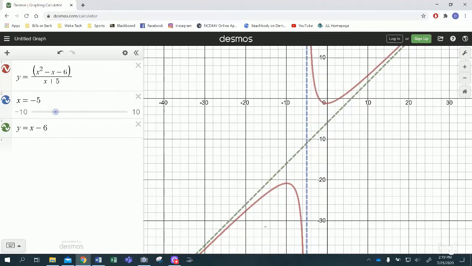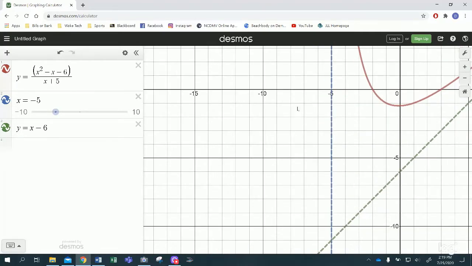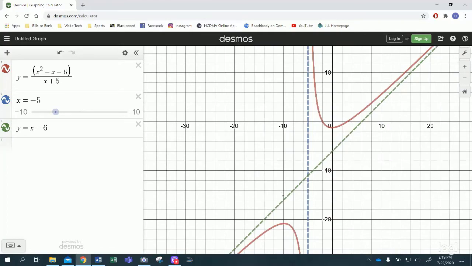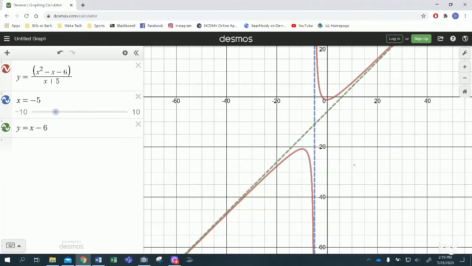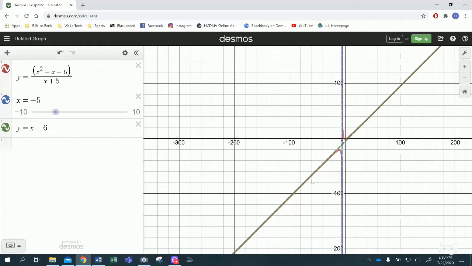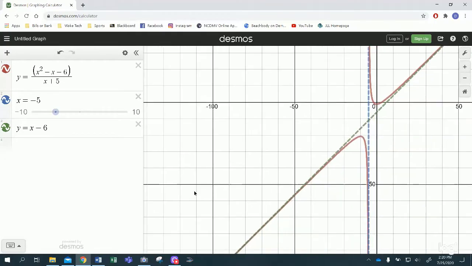There is another branch down here, and you could use the table setting of your calculator and put in negative 6, negative 8, negative 10, just to get an idea of where this is going. But this is what your graph would look like. So see, as x gets really, really big, see how it hugs that slant asymptote? So that's what's going on with that one.